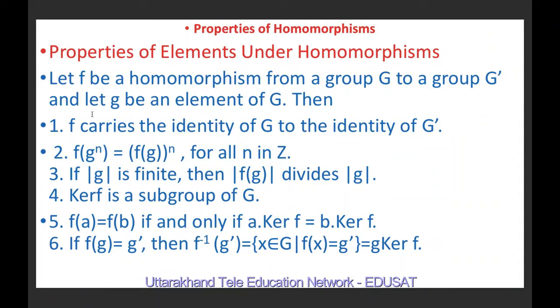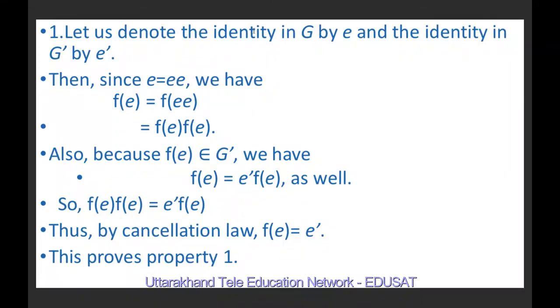First property is f carries the identity element of G to G dash. Let us denote the identity element in G by e and the identity element in G dash by e dash. Then since e is equal to ee, we may write f of e equal to f of ee.